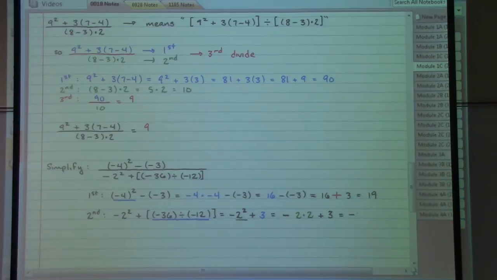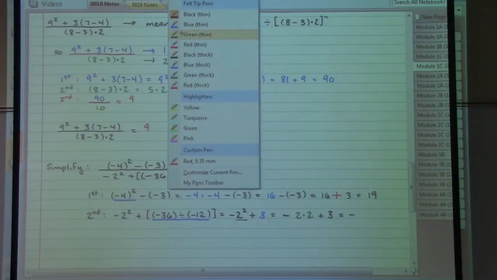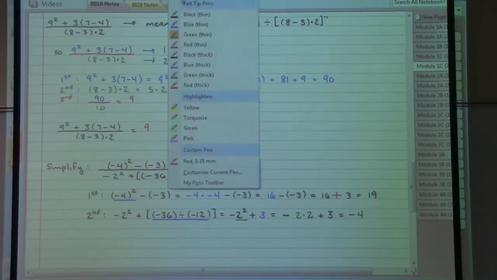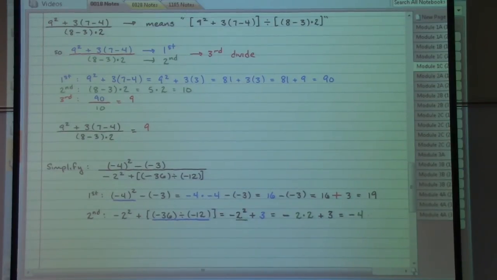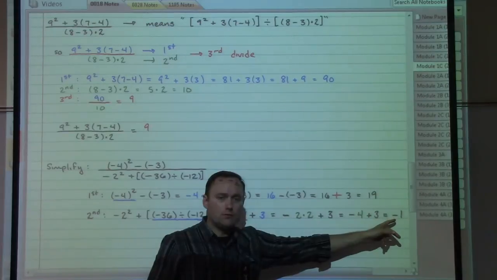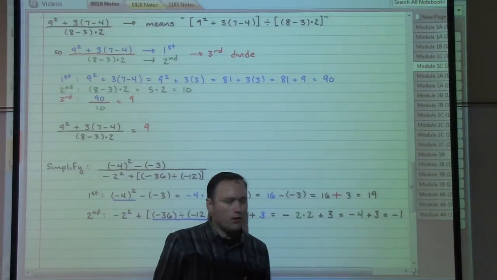So if that negative is hanging out at the very front, then we've got 2 times 2 gives us 4. So a negative symbol hanging out in front of that green 4 and a plus 3 coming afterwards. We use our money idea. I owe 4, I have 3, so overall I will owe 4 minus 3 is 1, I'll owe 1.